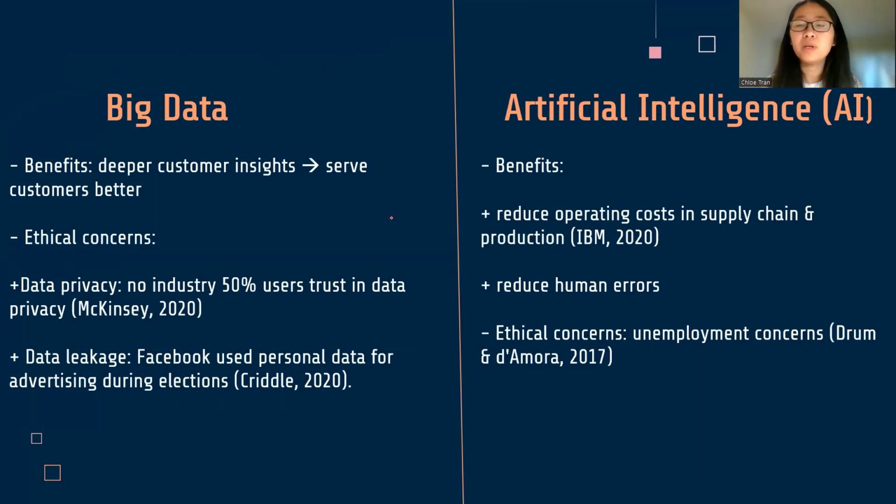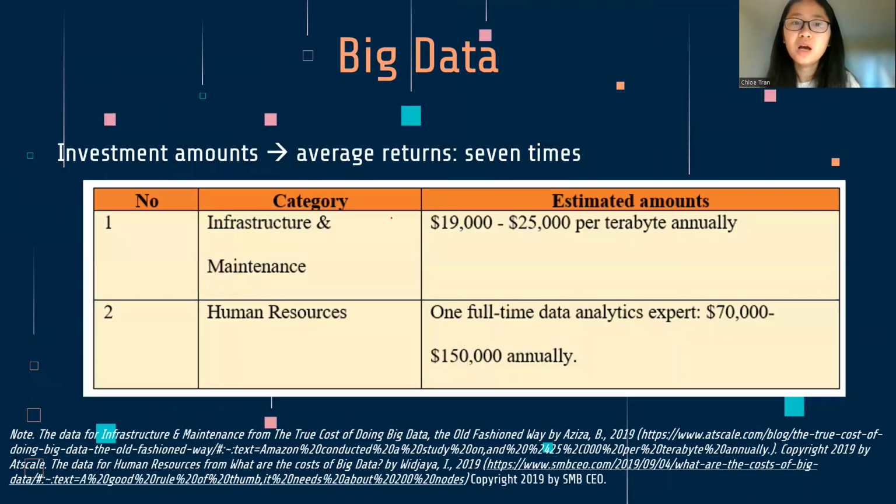So when the company has a lot of useful customer insight, they can input it to the AI machine, and it can help the AI build an algorithm that is more customized and more interactive with the customer. About big data, actually big data really helps the company to gain a lot of investment. It can return 7 times the initial investment amount.